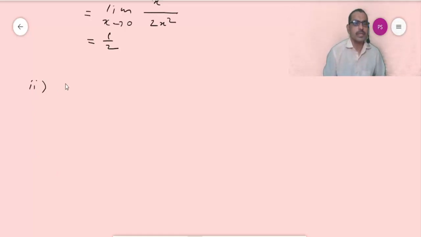If we choose the second path, choose a path along the y-axis, that is, x is equal to 0.